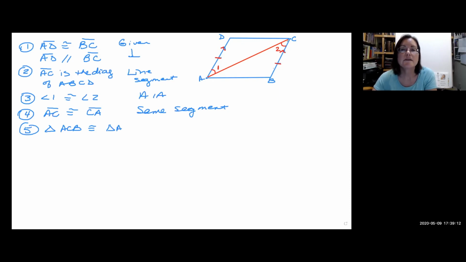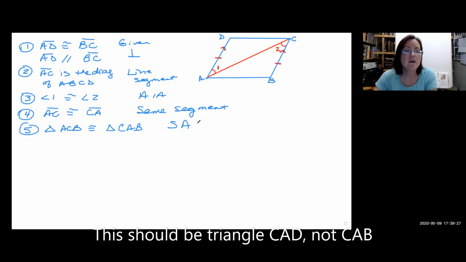If I do ACB, I would have to do CAD. I have to make sure I get my corresponding part order. And that's by side, angle, side. I had this one side, that's my angle, and this is my other side. They both have these. That's side, angle, side.